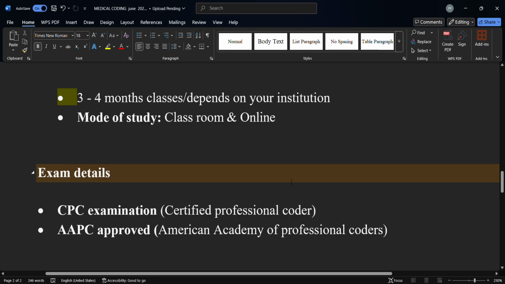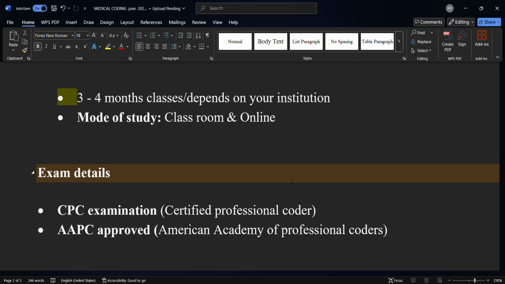If you choose a better institution for medical coding, that will be better for your upcoming growth. Some institutions take 3 to 4 month classes, and some provide CPC exam coaching also, but some institutions are not providing CPC coaching.